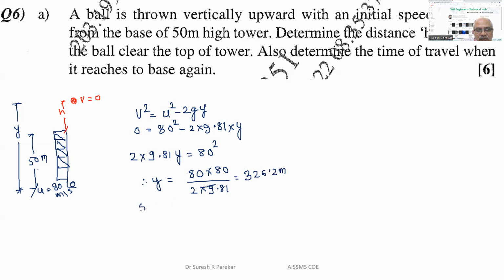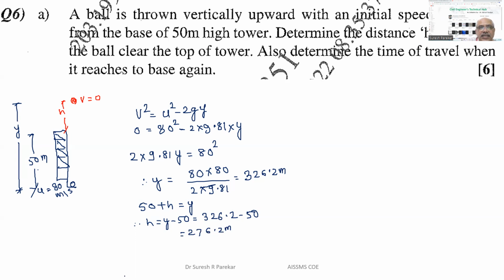So now what will be h? We have 50 plus h equal to y. And therefore h equal to y minus 50. Y we have 326.2 minus 50. And from this we get the value of h as 276.2 meters.